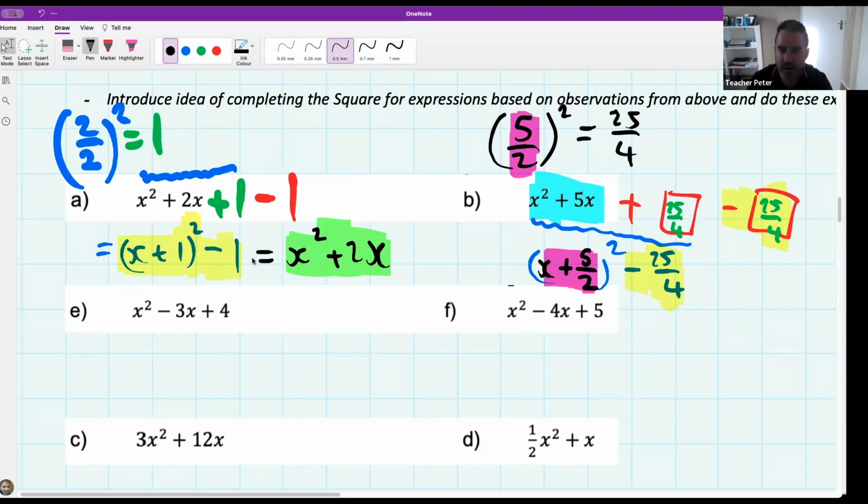Okay, then what I want to do, and I don't expect you to get this straight away, but I want you to do another one like this. So you are going to do, I want you to complete the square for this expression over here. And I want you to think about what do you have to do first, then you have to get a number, and then you need to add and subtract that number. Okay.